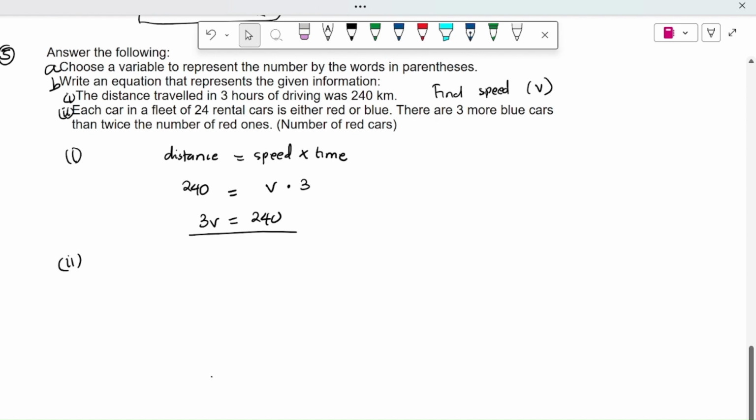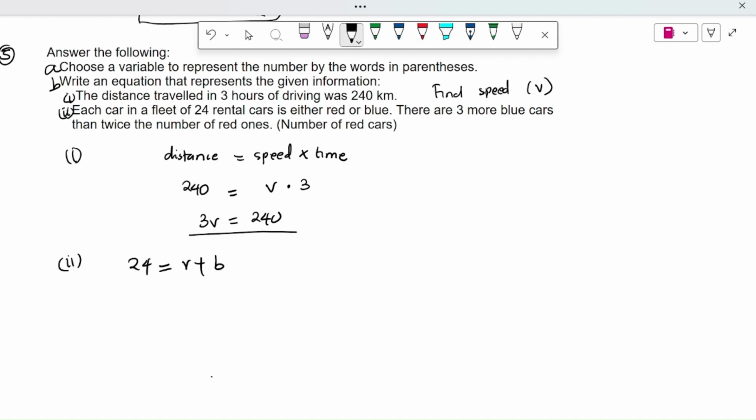For the second equation, you are given that each car in the fleet of 24 rental cars is either red or blue. So let's solve the first sentence, what it says. You're given that the total rental cars is 24, and these cars are either red or blue.